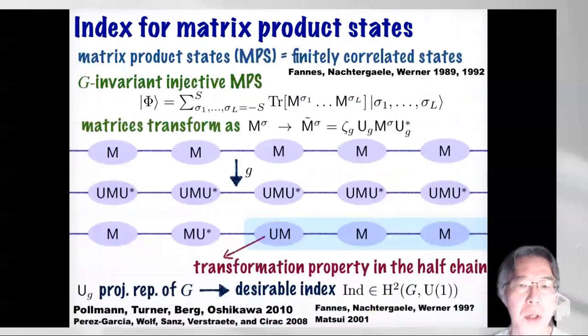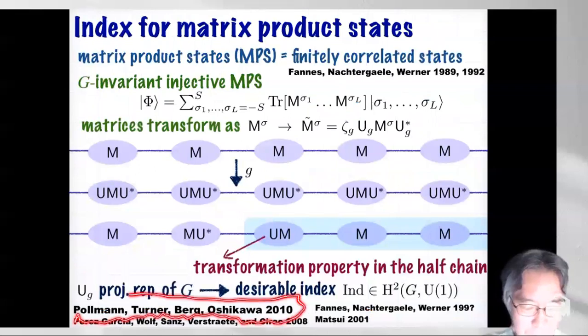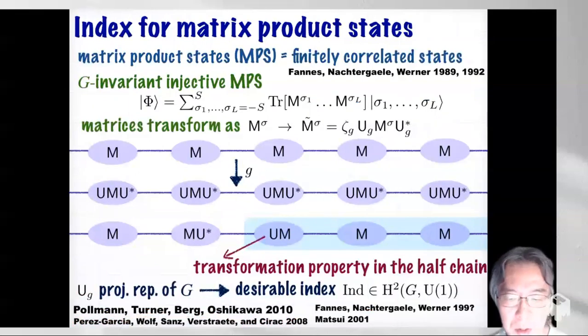Good news is that if we work on matrix product states, more precisely something called injective matrix product states, we can define a meaningful index. That is the very famous work of Pollmann, Turner, Berg, and Oshikawa back in 2010. I already discussed what matrix product states are in part 1, so I think you already know it. It was invented by these people.